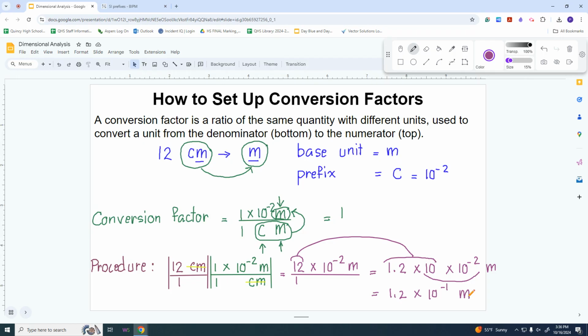So this is how you set up the conversion factor. I hope you notice that we are converting from a unit with a prefix to the base, okay? So the next thing I'm going to talk about is serial conversion. Serial conversion is when you are converting between units with prefixes but different prefixes, okay?